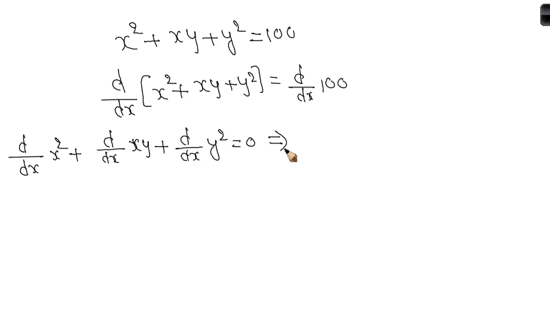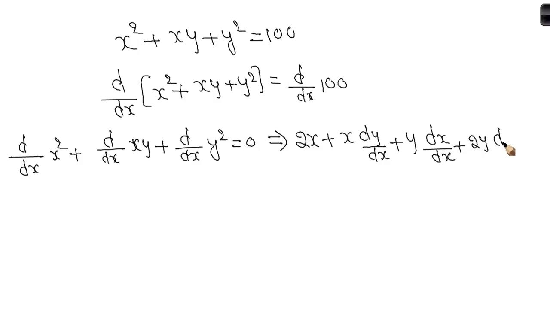It implies derivative of x square is 2x, plus derivative of xy would be x into dy by dx plus y into dx by dx, derivative of x with respect to x, plus 2y into dy by dx is equal to 0.